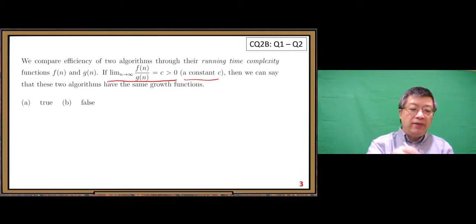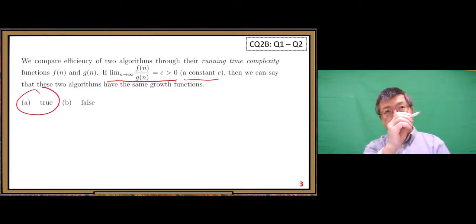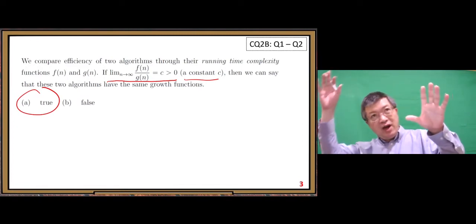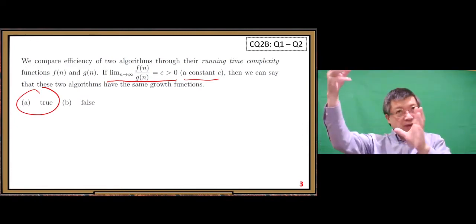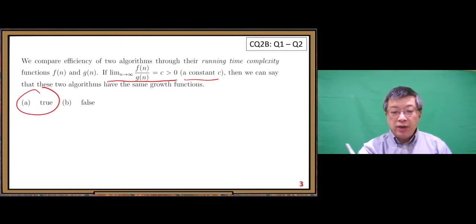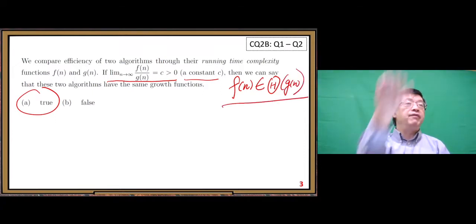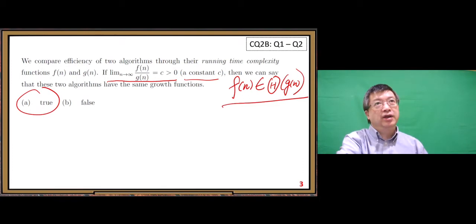Then we can say that these 2 algorithms have the same growth functions. Yes, that's true. So why? Because you can think about when n is very large, the ratio is close to some constant. So if we use the asymptotic notation, we can write f of n belongs to big theta of g of n. So in this case, they have the same growth function.